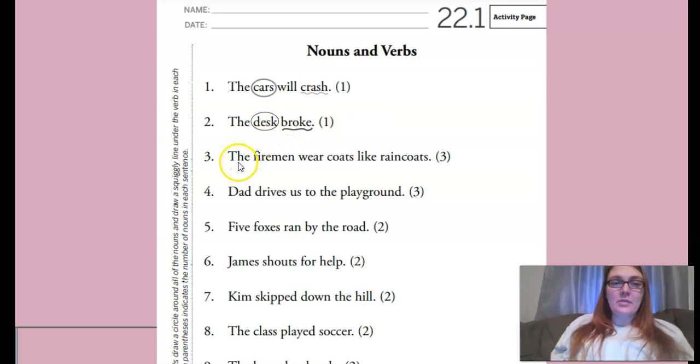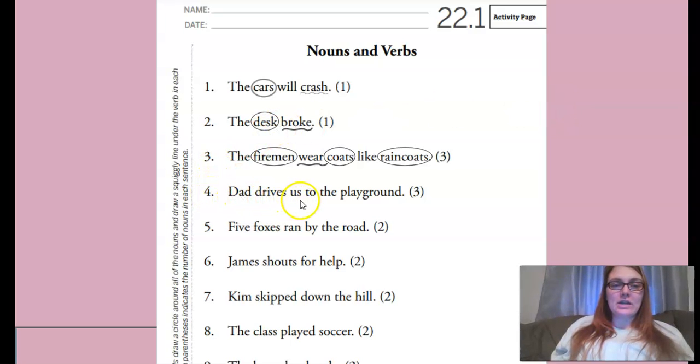Okay, number 3, the firemen wear coats like raincoats, with 3 nouns, people, places, and things. So let's see. Fireman is a person or people. Coats are things, and raincoats are also things. And the verb is wear. Something that they do. They wear their coat.